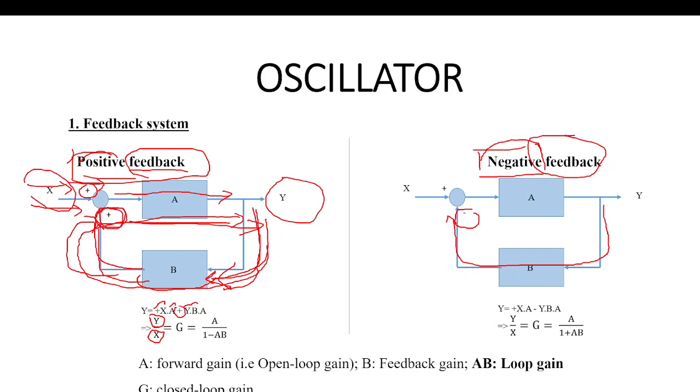So plus y times B again goes through the system A, so we have plus y times B times A to the output. As a result, we obtain this equation, and from that equation, doing some mathematical transformation, we obtain the ratio between the output y signal over the input x signal and obtain the formula here. Similarly, we can obtain the transfer function of the negative feedback system.